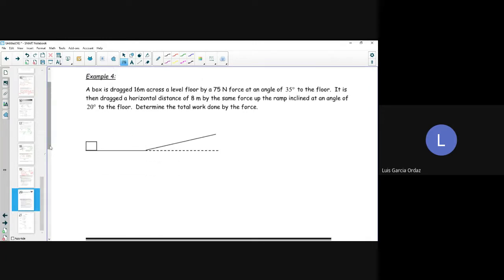So example 4. A box is dragged 16 meters across the floor by a 75 Newton force at an angle of 35 degrees to the floor. It is then dragged a horizontal distance of 8 meters by the same force up a ramp inclined at an angle of 20 degrees to the floor. I want to determine the total work done by the force.